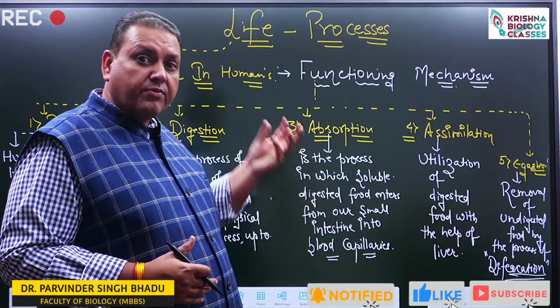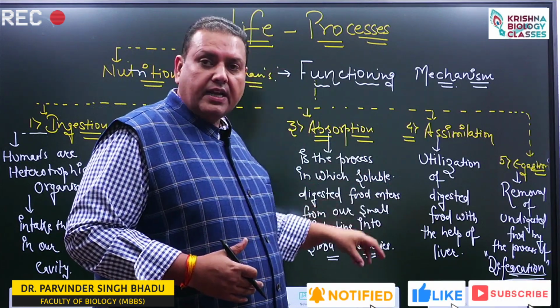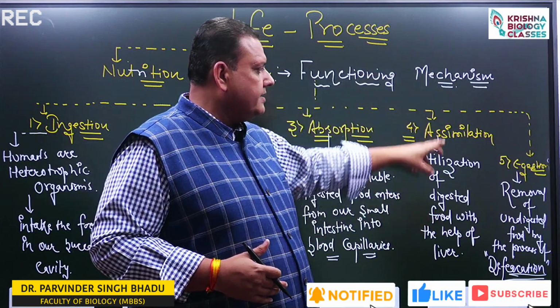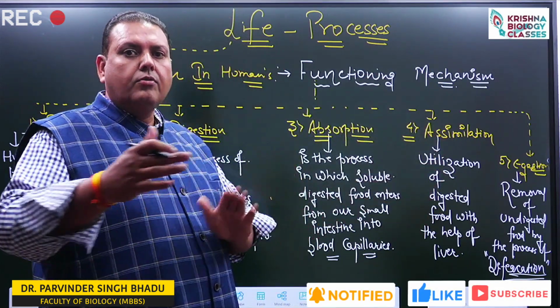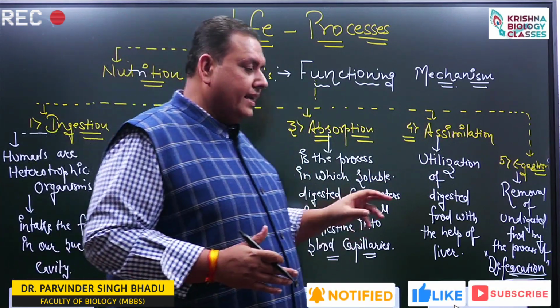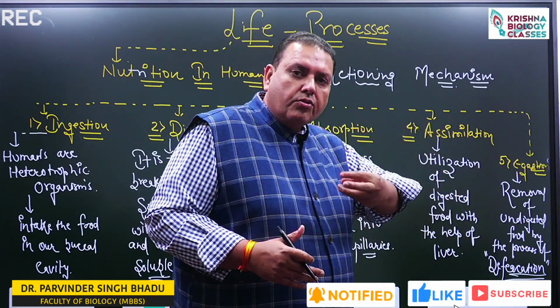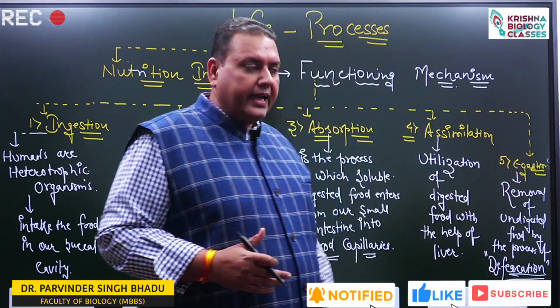Immediately after transferring the soluble nutrients into the bloodstream, we start to utilize them. The process of the utilization of digested food is named as assimilation. We are not able to completely digest the entire food, so there are certain undigested food particles and we remove them from our body. This process is named as egestion.